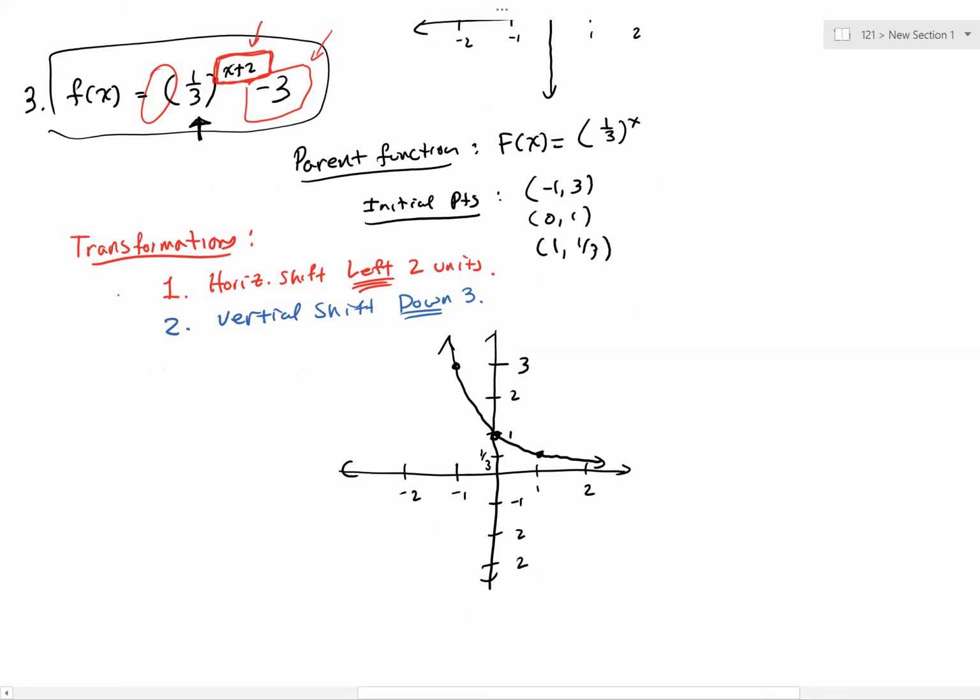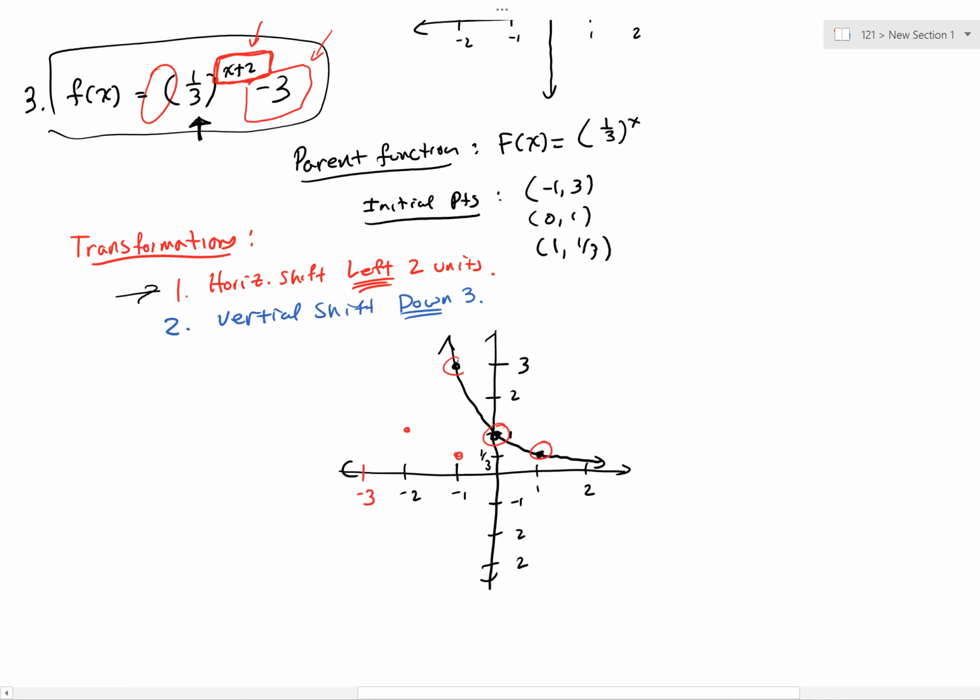So the first thing I'm going to do is this horizontal shift. I'm going to move those points left 2 units, so each of those points I'll be subtracting 2 from. This point here, if I shift it left 2 units, is going to go to -1. I'm not changing the y coordinate at all. Here, at x equals 0, if I shift it left 2 units, it's going to go to -2.